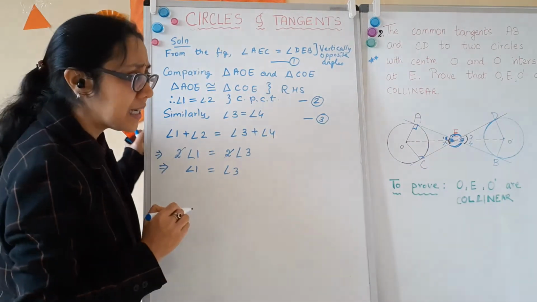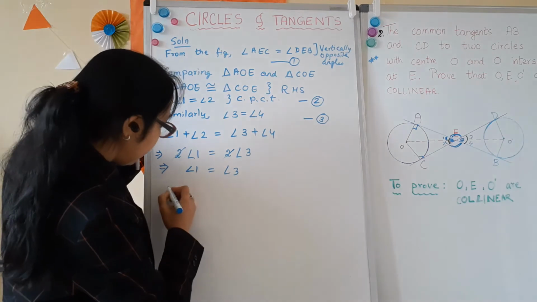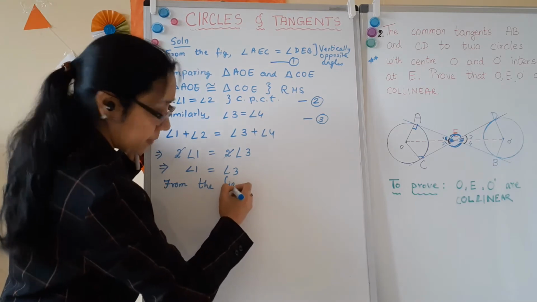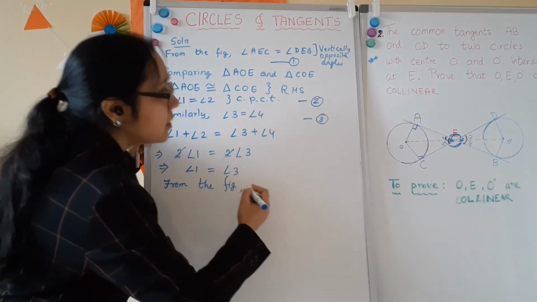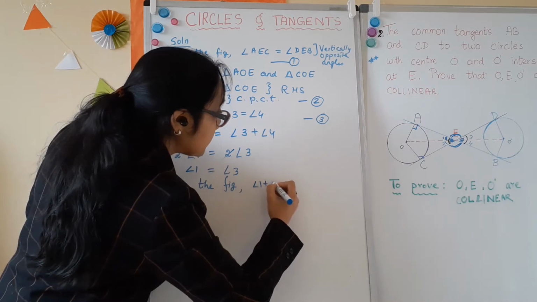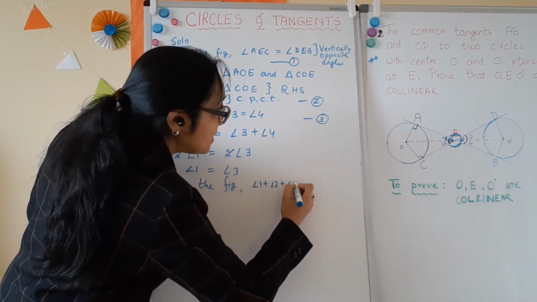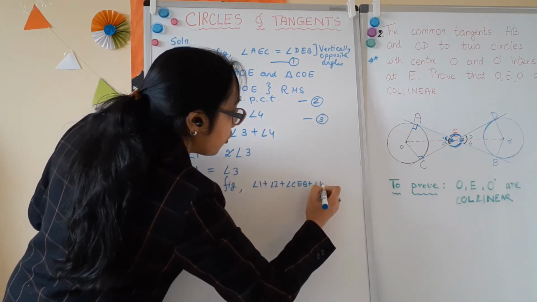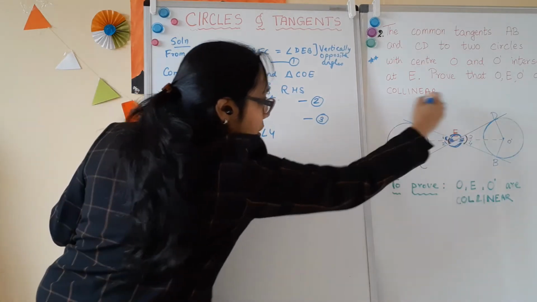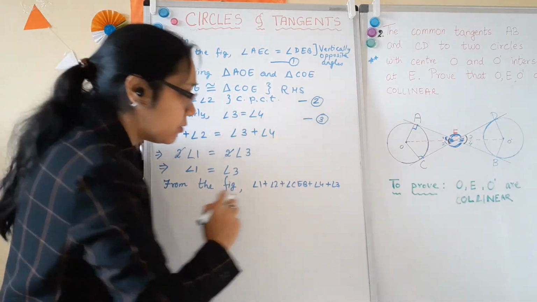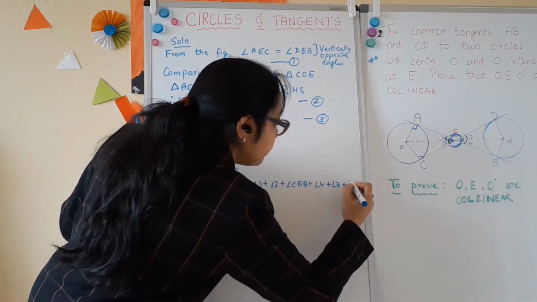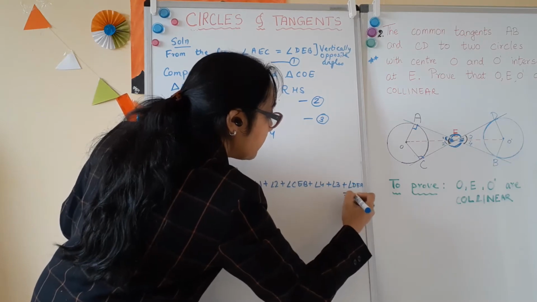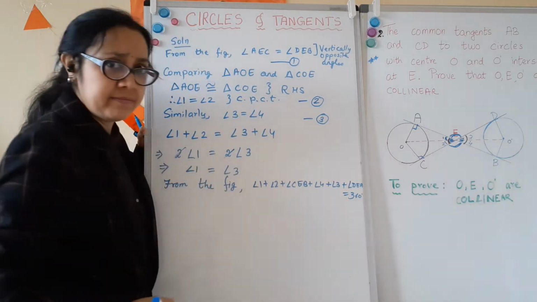So from the figure or from the diagram, we can write angle 1 plus angle 2 plus angle CEB plus angle 4 plus angle 3. I'm just taking all the angles you can find there, plus angle DEA will be equal to 360 degrees, isn't it?